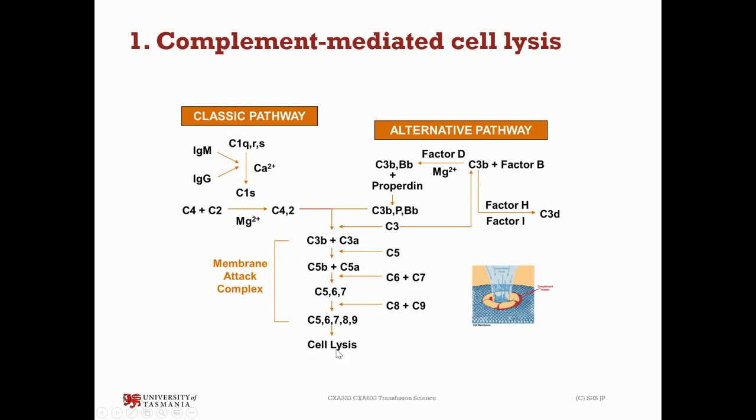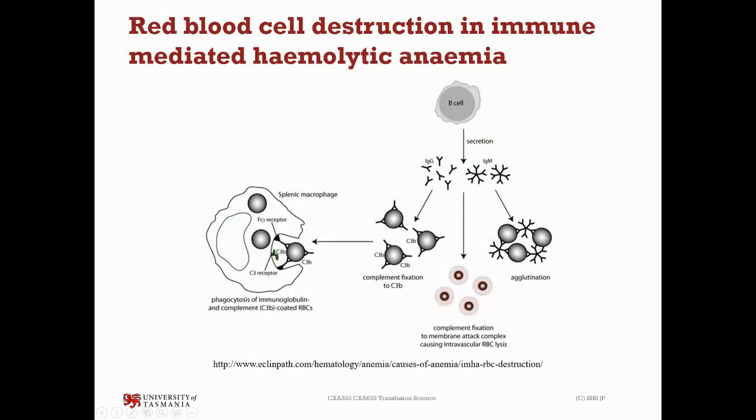And so this is where we get opsonization of our cells here. So here's our B cells secreting IgG. The IgG attaches to the cell membrane and is able to fix complement to C3b, and that's what we call opsonization, or coating the cells, making them more receptive to interaction with macrophages and extravascular phagocytosis.